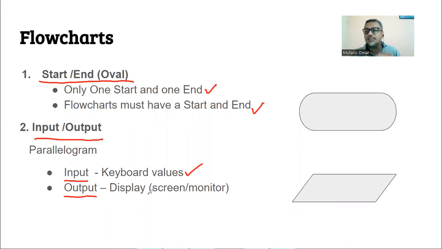As in the previous example, if you want to display something on the screen, on the monitor, you have to use this parallelogram for input as well as for output. For both, you have to use the parallelogram.